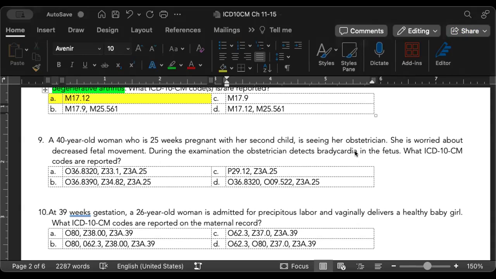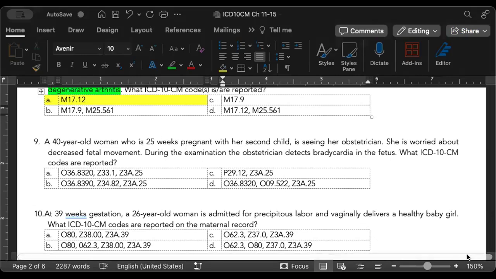So our 6th character is going to be for the trimester. So we're 25 weeks pregnant. So what is our trimester for this one? First, second, or third?